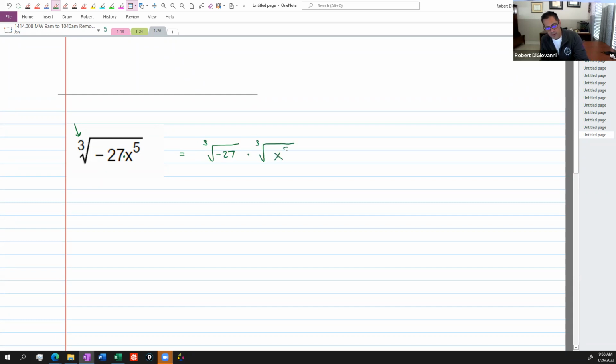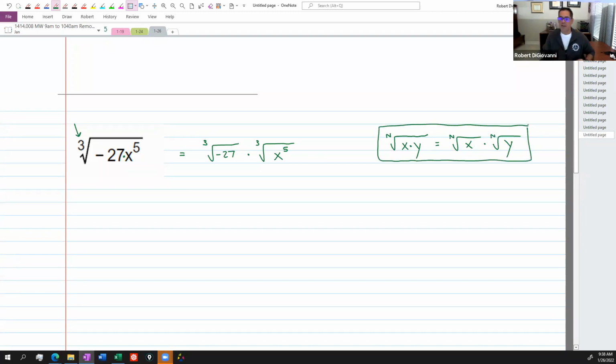You're allowed to do that whenever you have multiplication inside of a radical. In other words, if you have the nth root of x times y, you can do the nth root of x times the nth root of y. This is a property of radicals that you should have seen at some point. So that's what I'm doing here. I'm splitting this into 2 radicals.